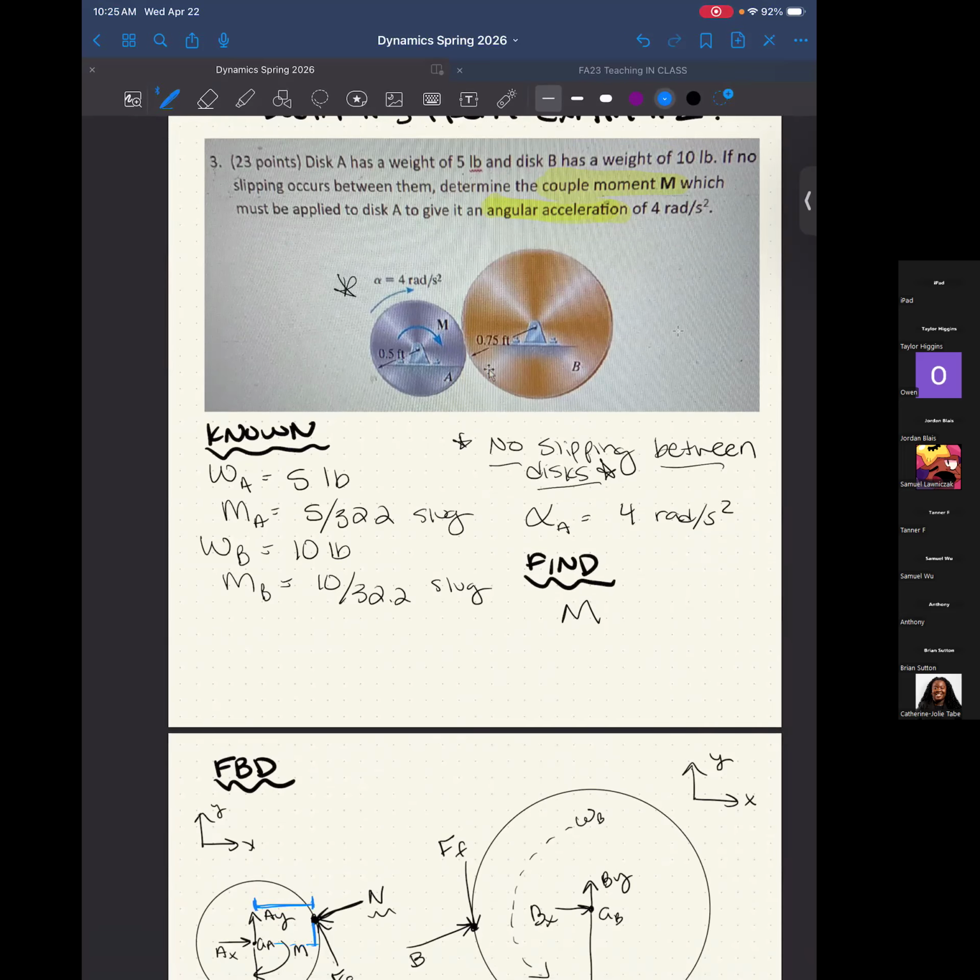Kind of are, because the 2 circles are sitting in the same plane, so the distance between the center point of A and the center point of B would be like 0.25. So I guess you could. My problem with taking the test was I just did M equals IG alpha.